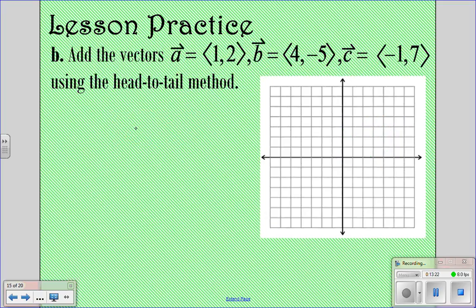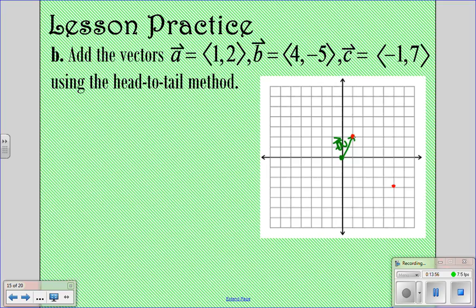Looking at this next one, we want to add the vectors using the head to tail method. So I'll start with A. Again, you can start with any of them. The order that you do them doesn't matter. We're going to go over 1 and then up 2. So this is vector A. And then we're going to go from here, right 4, and then down 5.